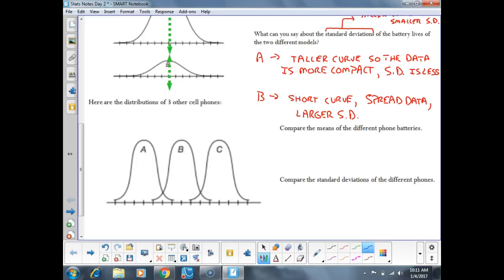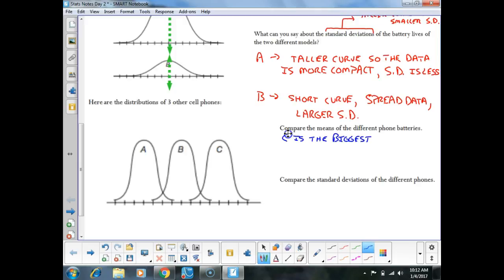Which one's bigger? C is bigger, right? Okay. What comes next? B. What's the smallest one? A. Okay. So C is the biggest. Austin, why is it the biggest?